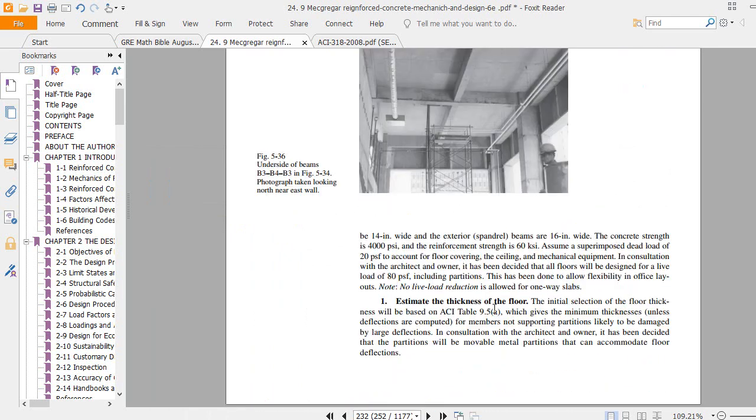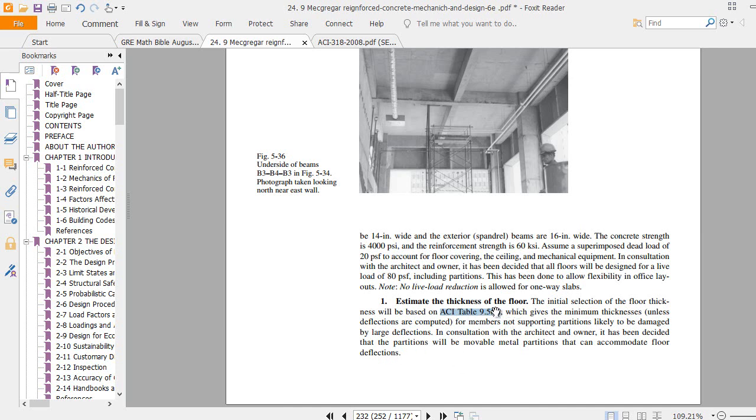So from the ACI table 9.5, this table defines different conditions. I already shared so many videos on this table, so please go to my channel and search for that video. It gives the minimum thickness for members not supporting partitions likely to be damaged.